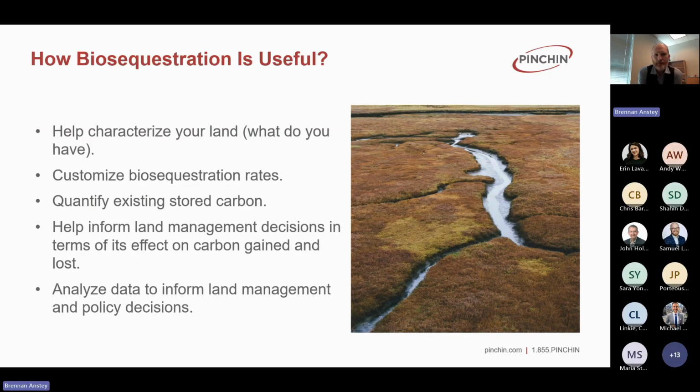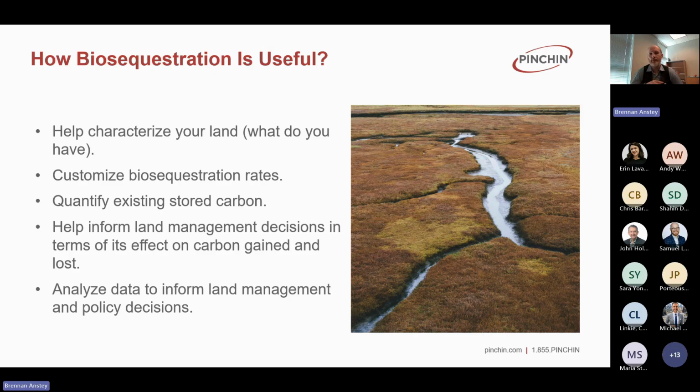And so just to wrap it up and summarize, how is doing a biosequestration assessment useful? It basically tells you what you have. It helps you understand the carbon in your land. Not just what sort of ecosystems you have, because you probably have a good sense of that already, but exactly how much of what ecosystem you have, and the carbon value, both in annual sequestration rate as well as stored carbon.